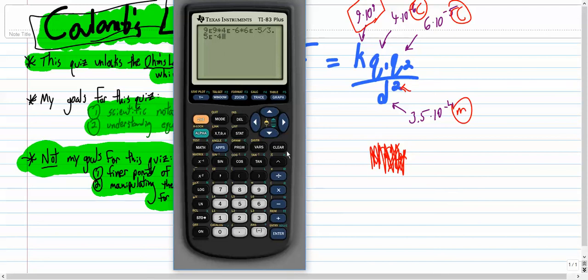Lots of kids get these wrong because they forget to square them. And that's it. You can do this all in one operation on your calculator, and then you hit enter, and there is your answer. That's a pretty big answer, and hey, sometimes numbers are big. So this describes how you can get through the Coulomb's law equation quiz.